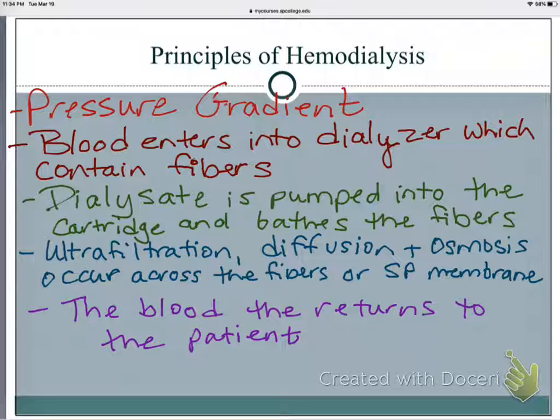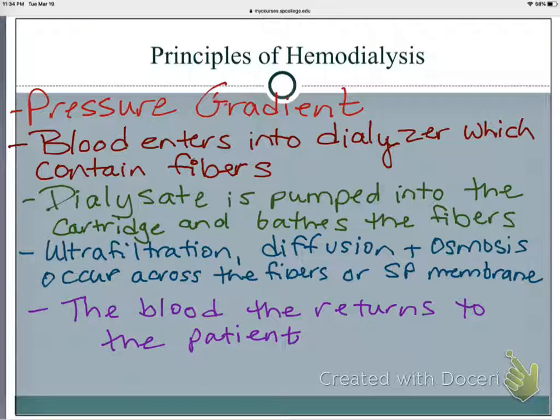Okay. So when you talk about the principles of hemodialysis, it is done with an artificial membrane. It's different than peritoneal dialysis because it uses an artificial, cartridge-looking kind of thing made of a synthetic material, and that's your semi-permeable membrane. It comes in contact with the patient's blood.